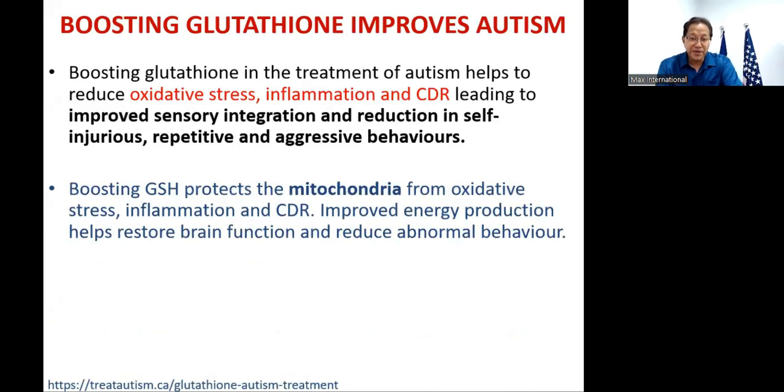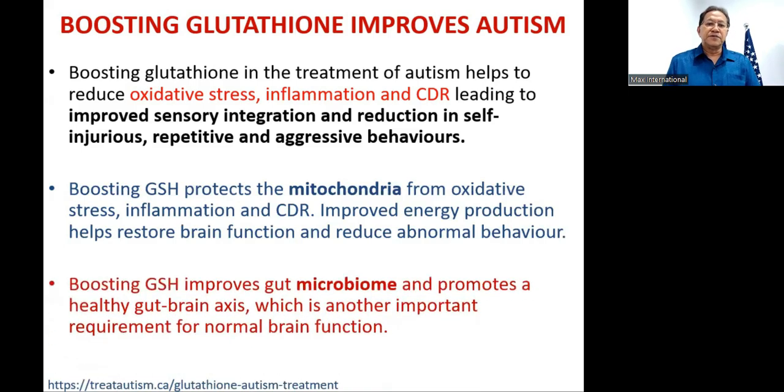Boosting glutathione also protects the mitochondria from oxidative stress, inflammation, CDR. That means now you can improve the energy production, which helps restore brain function and reduce abnormal behavior. Boosting glutathione improves gut microbiome and promotes a healthy gut-brain axis, which is another important requirement for normal brain function. So you can see many, many ways glutathione can help in autism.